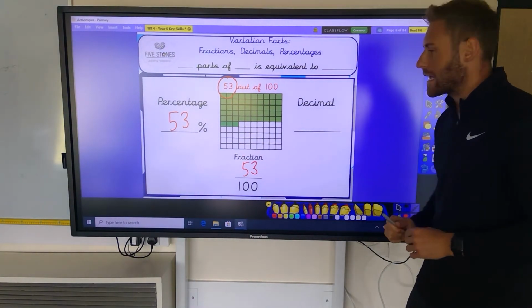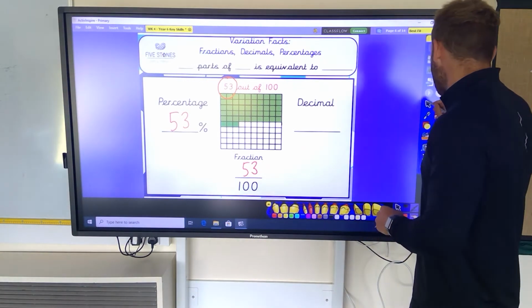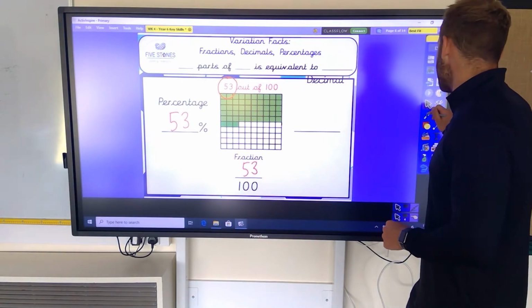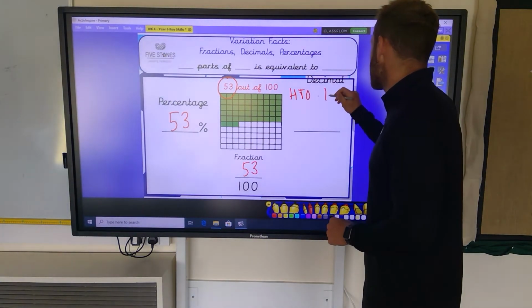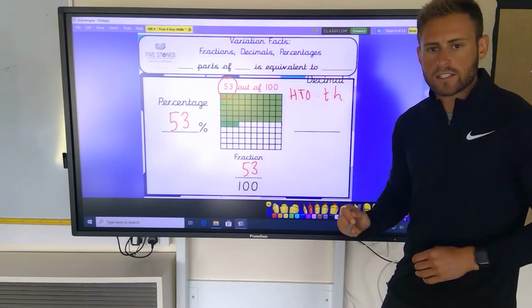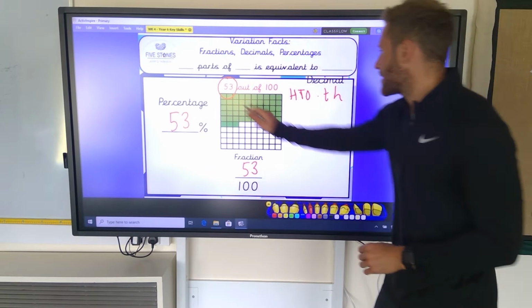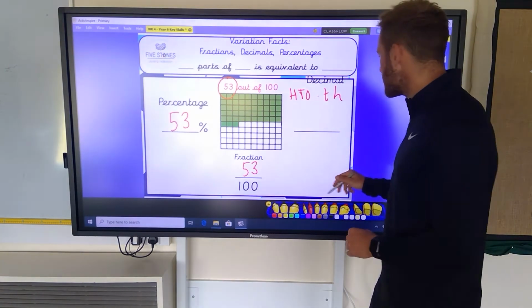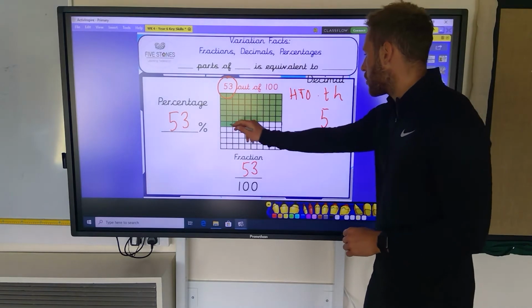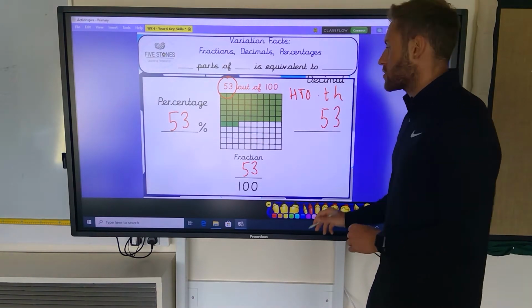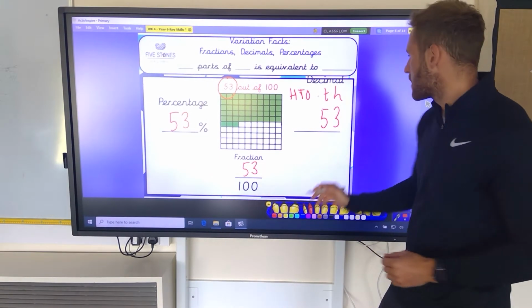And then finally, with our decimal, again, moving this up and thinking about our place value, hundreds, tens, ones, tenths, hundredths, what can we see? We can see 5 completed tenths, or 50 hundredths, and we can also see 3 hundredths, or 53 hundredths.